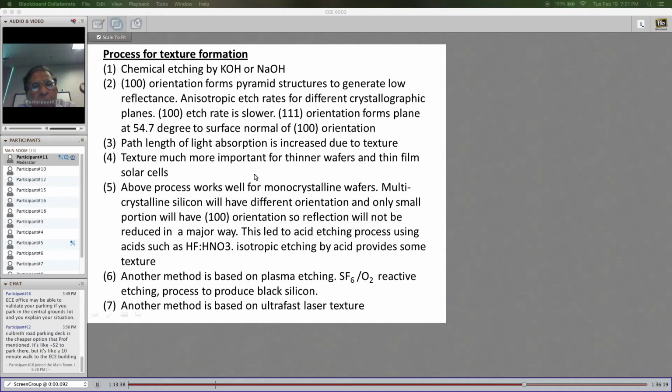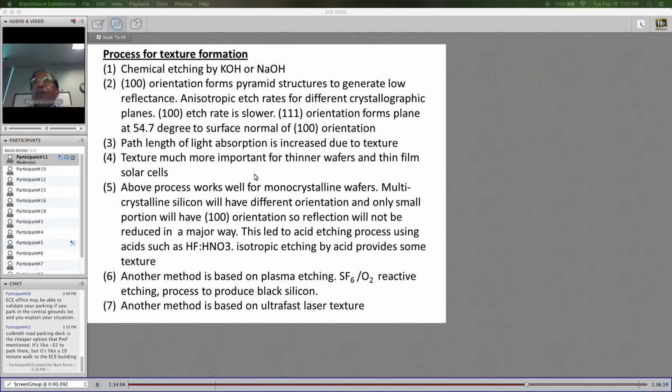Now this is interesting. When you go to thinner wafers, instead of 200 micron, you want to go to thinner 100 micron to save material cost. There the reflection loss minimization becomes even more critical because you have to absorb that light into 100 micron.